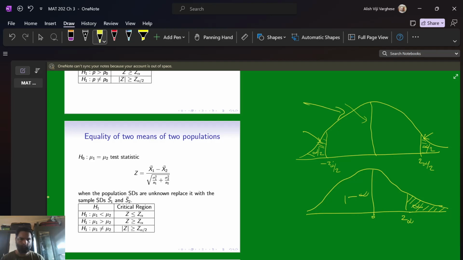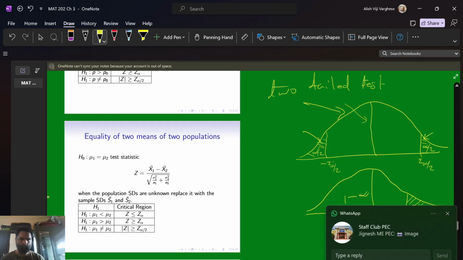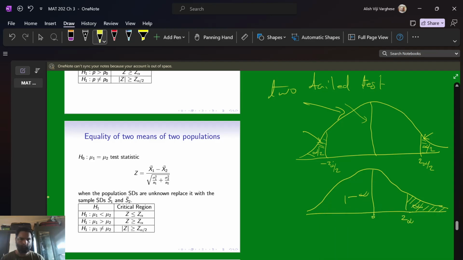The first picture represents an alternative hypothesis of the form H1 mu not equal to mu naught, or mu1 not equal to mu2, or P not equal to P naught. That kind of test is known as a two-tailed test, in which the significance alpha is distributed in two tails. So it is a two-tailed test, and this is a single-tailed test.